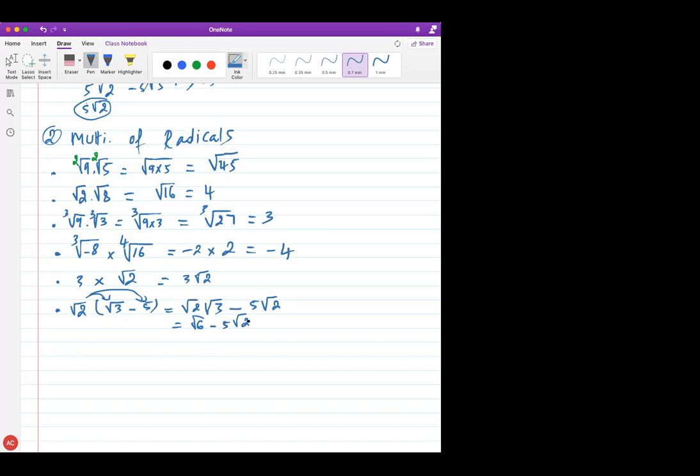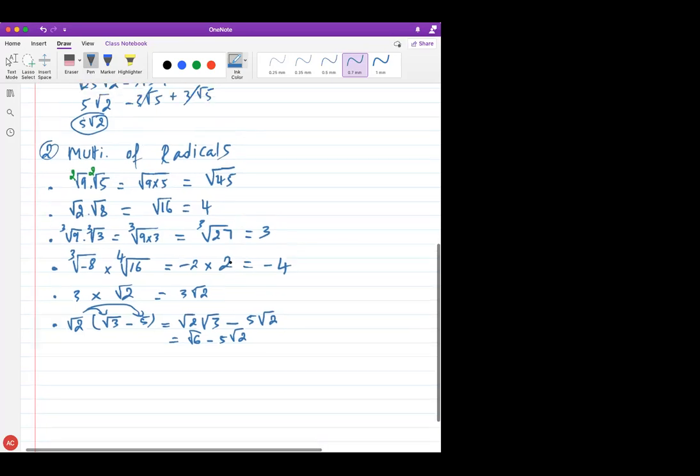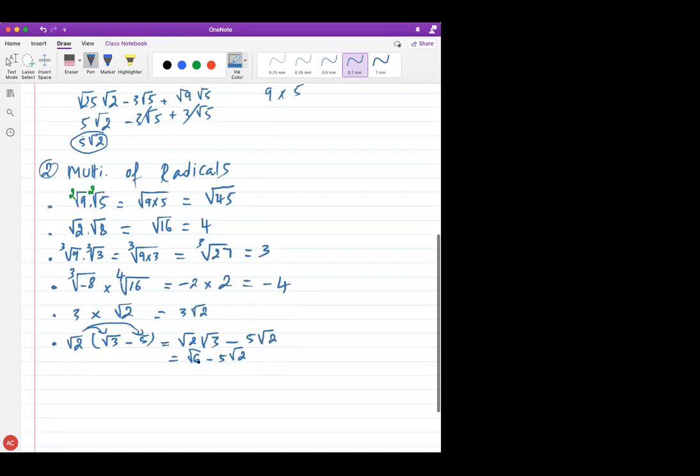Can you subtract these two radicals now? No, they have to have the same radicand, same index. You could try to break the 6 down into 2 and 3, but none of these has a perfect root, so that stays like this. Don't worry if you end up with radicals that can't simplify, that's fine.